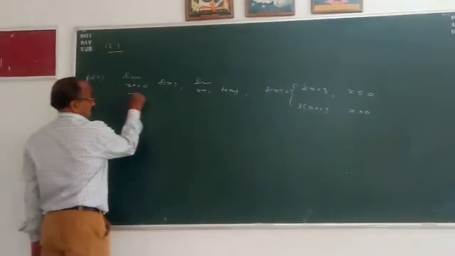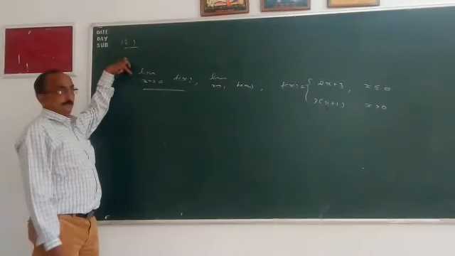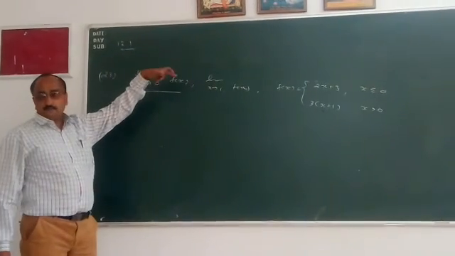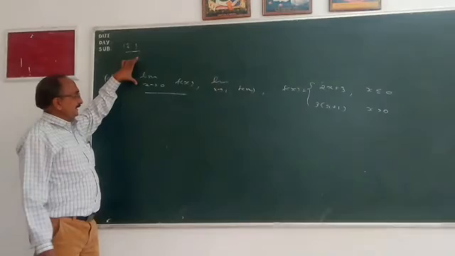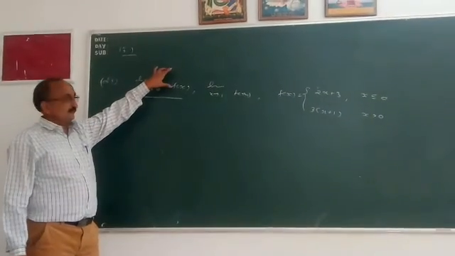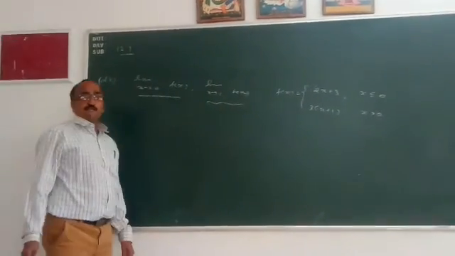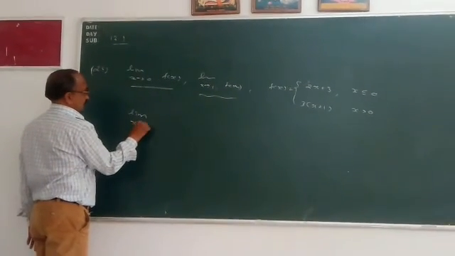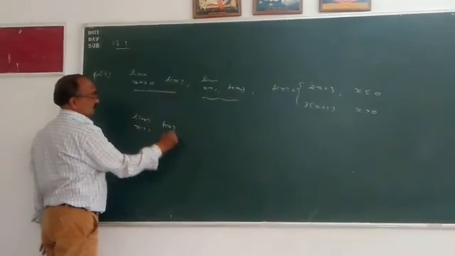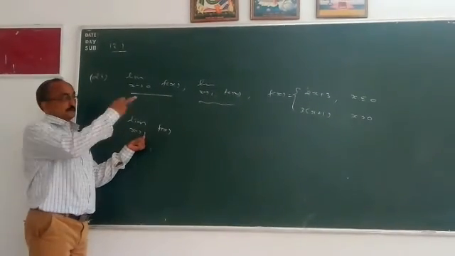We know how to find this limit x tends to 0 f(x). First get the left hand limit and the right hand limit and compare both. If both are equal, then we say that the limit exists. Now here we discuss only limit x tends to 1 f(x). Here x tends to 1, always greater than 0.